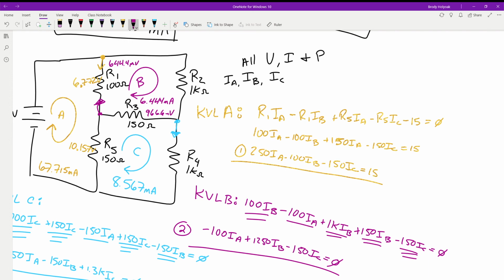And across R2, all we have is IB. So the only current we have going through B is this guy. So that is going to be the voltage for R2.